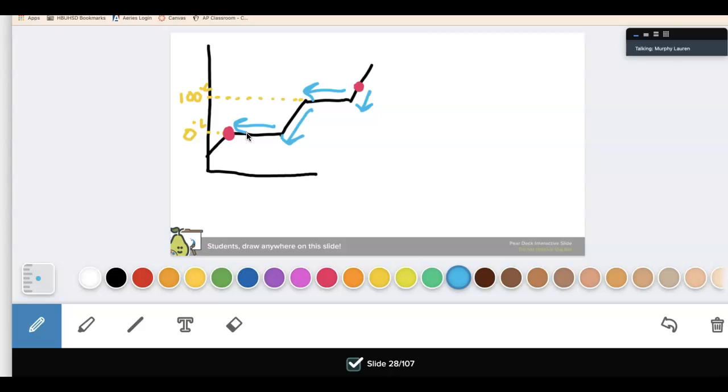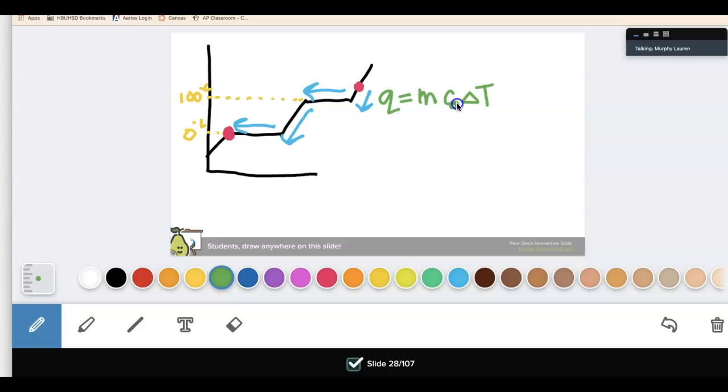Okay, so let's discuss the equations for the arrows. So this one right here is Q equals mc delta T. How do I know that this is the equation for this arrow? Well, because as I move along this arrow, temperature changes, and this is the equation that has temperature change in it. Now, you got to be careful with the C constant.